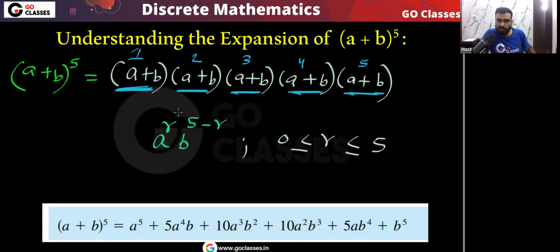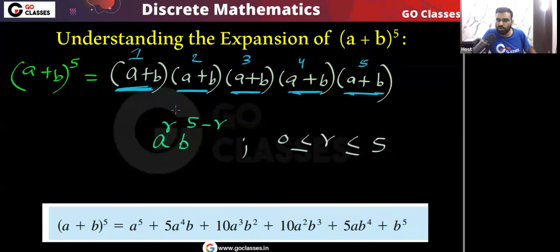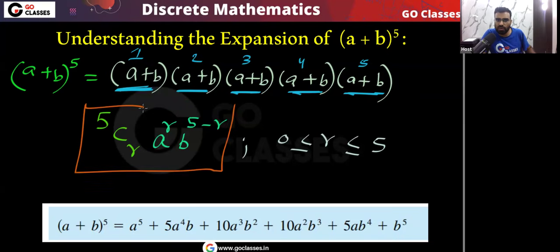You just see which are giving you a, because out of these five factors, you are getting total r a's. So from these 5 factors, I will choose r factors, and they will give me a. The remaining will give me b. So this is how every term of the expansion will look.